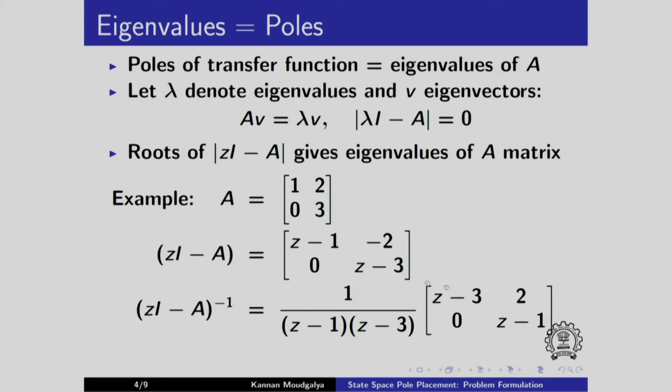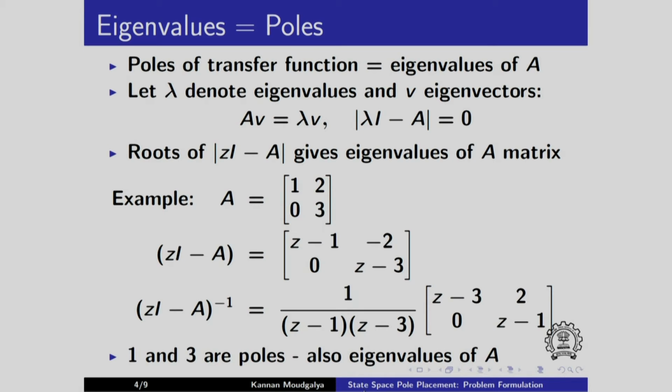And then here is the matrix that you get by exchanging the diagonal entries and changing the signs of the off diagonal entries for a 2 by 2 matrix. So you can see that it has two poles, 1 and 3, from the denominator here. These are also eigenvalues of A, as you can see from this upper triangular matrix.